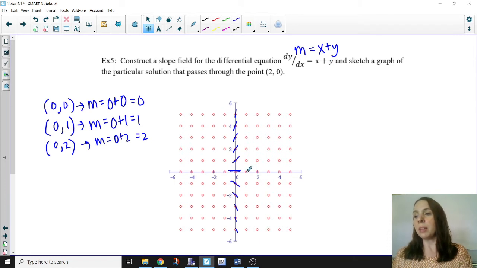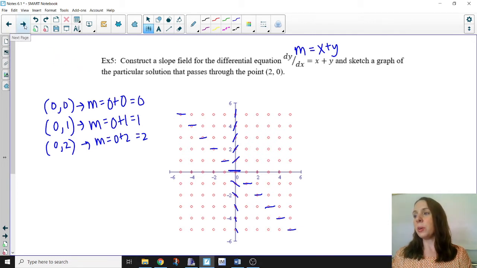So you could say, okay, let me find (1, -1). That's going to be a slope of 0. (2, -2), (3, -3), (4, -4), (5, -5). And this direction as well: (-1, 1), (-2, 2), and so on. Find all of the slopes that are 0 and do those first. Again, you're going to need to decide for yourself what you think is the best route to take to draw in all of the slopes that you need.